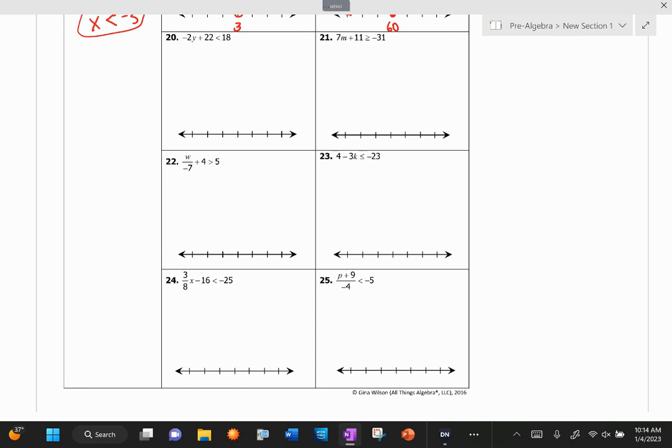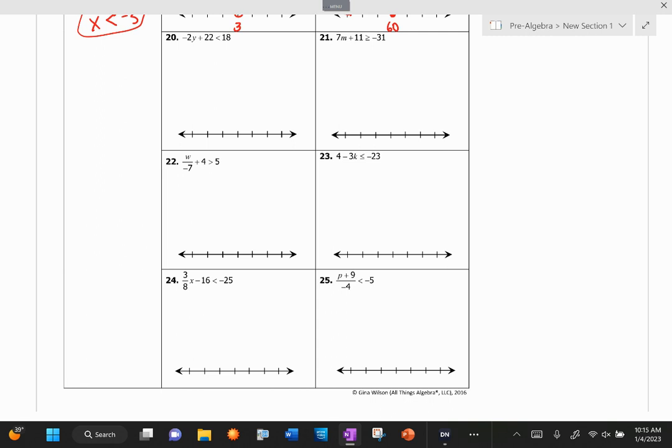Students talking while working: What? We're supposed to flip it? I'm not on that part.